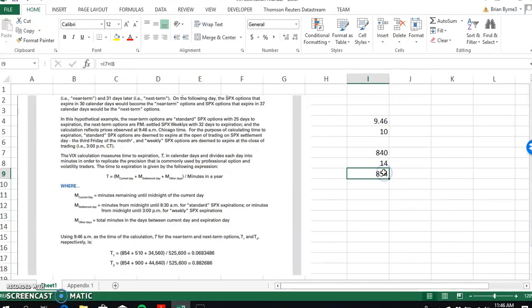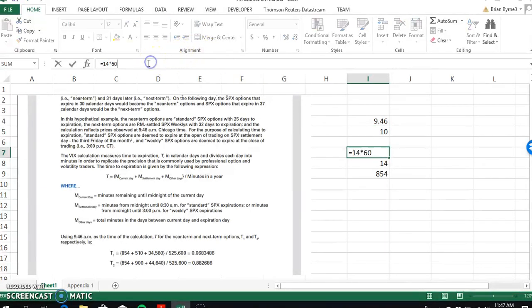Okay, so in terms of getting this 854, let's look at that 854 again. Where is the 854 coming from? Well, it currently is 9:46 a.m. in the morning. That would imply it's close to 10 a.m., right? If it's currently 10 a.m., how many hours are left in the day? There are 14 hours left in the day.